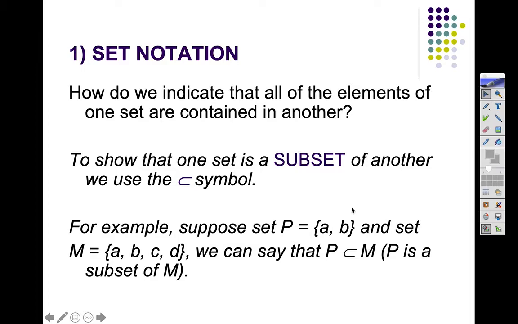A subset has to be completely in here. So it can't be A, B, W, because W is not in M, so P would not be a subset of M. If you have a smaller set and everything in that smaller set is in a bigger set, then the smaller set, P, is a subset of M. Okay.